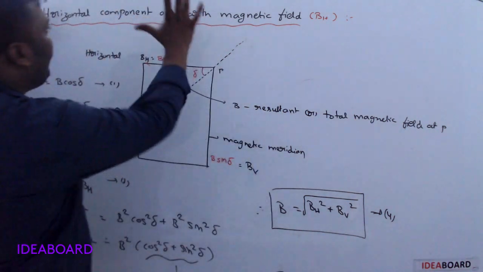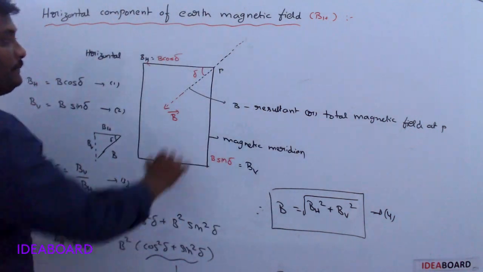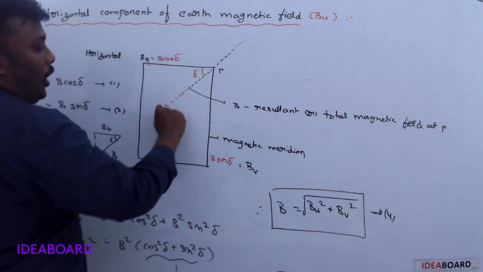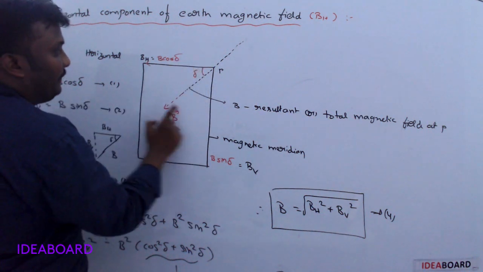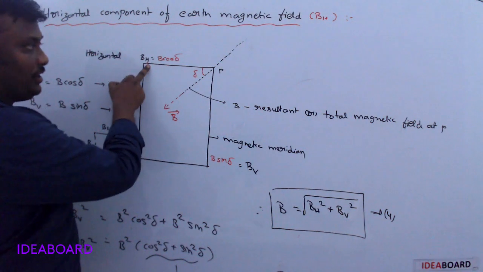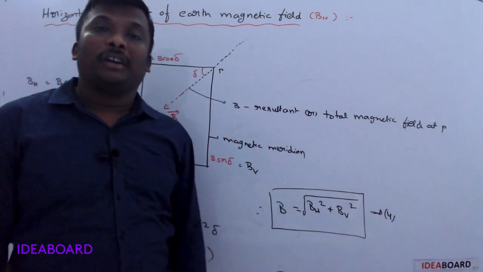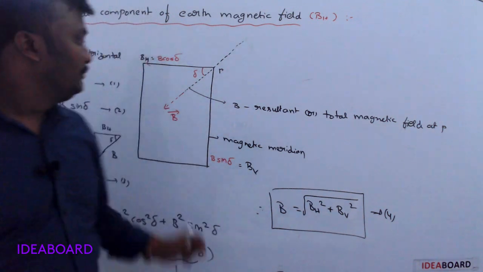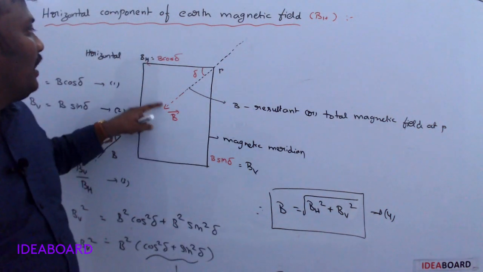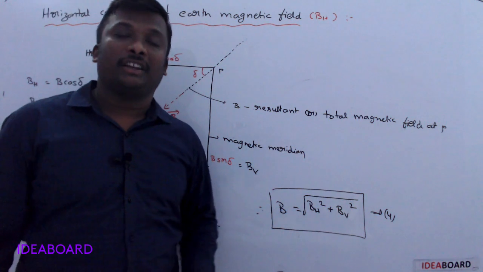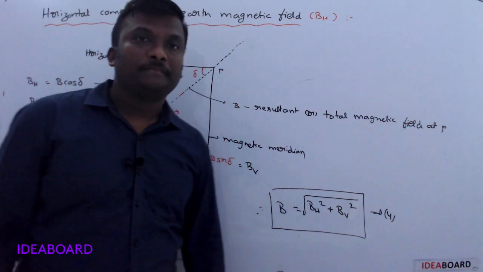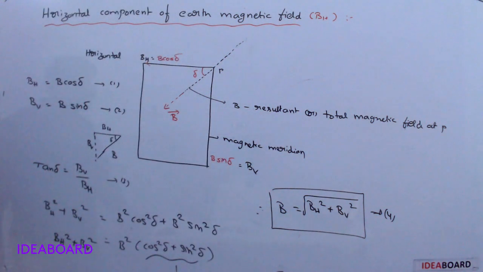So what is the definition of horizontal component of earth's magnetic field? The component of B bar in the horizontal direction is called the horizontal component of earth's magnetic field. The component of B bar in the horizontal direction. Understand? Please note it down.